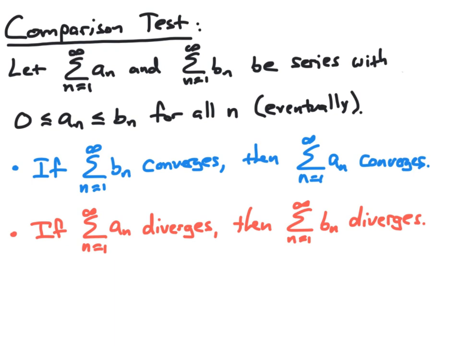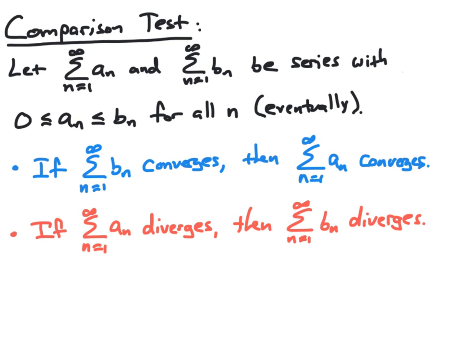In other words, if we have two series and the one with the bigger terms converges, the one with the smaller terms must converge as well. The second part says that if the sum n equal 1 to infinity of a sub n diverges, that is the series with the smaller terms, then the sum n equal 1 to infinity of b sub n must also diverge, and that is the series with the larger terms. And so this mimics the second example that we saw before stating this test.